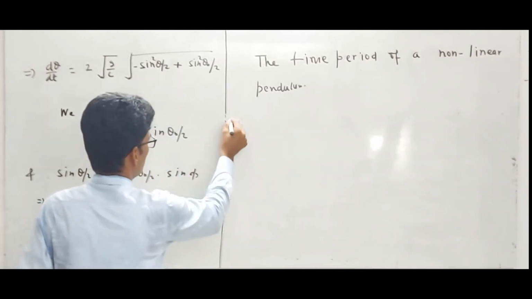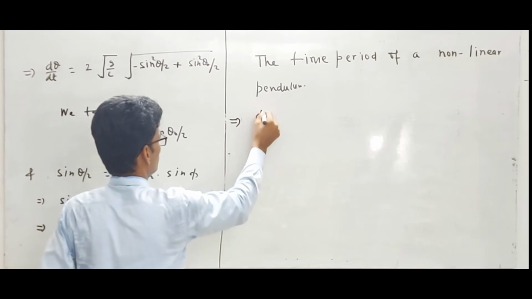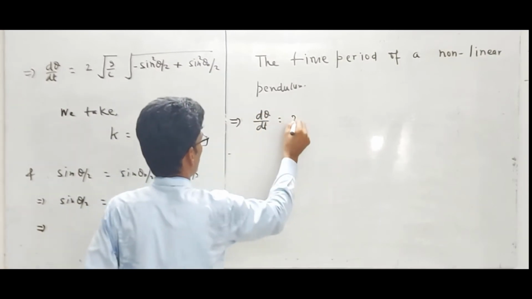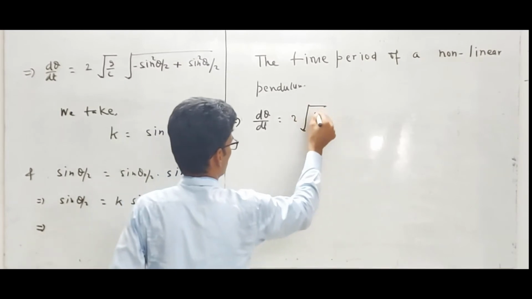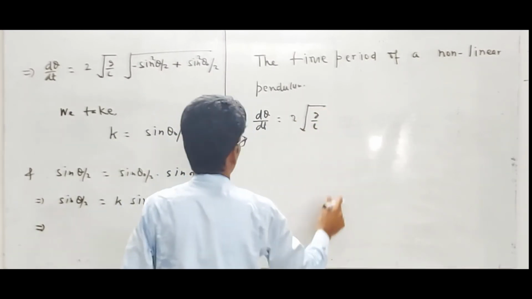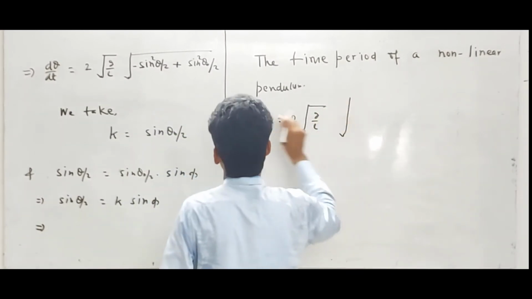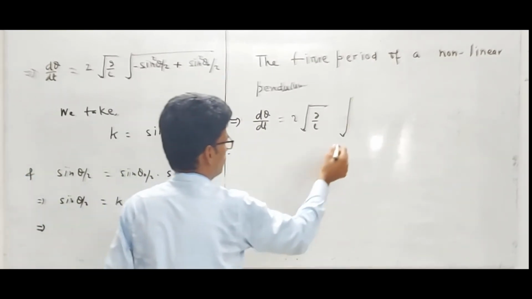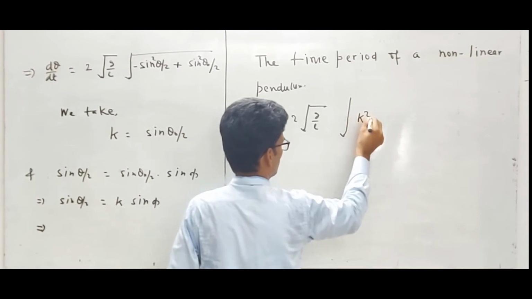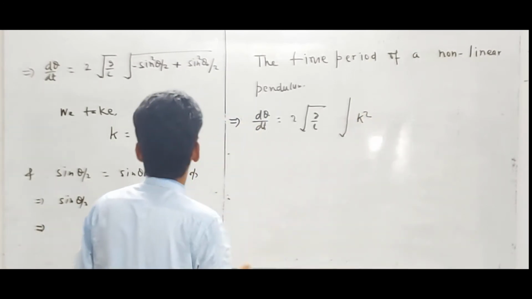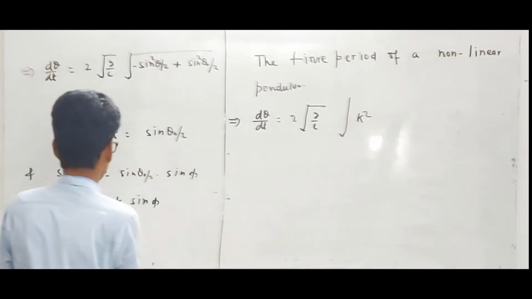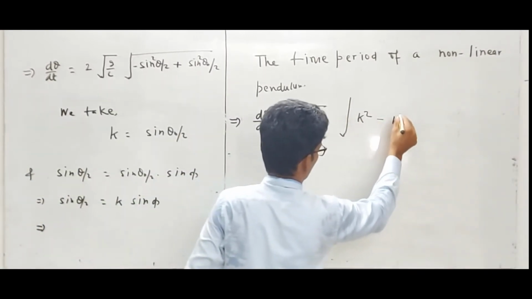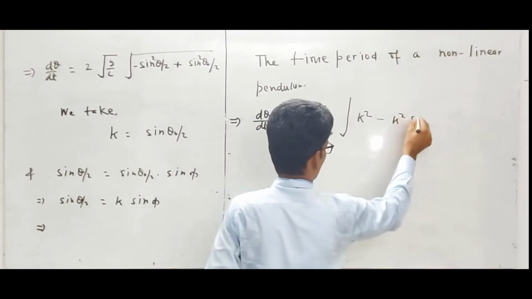So in this way, this implies d theta by dt is equal to twice under root g by L. Now here sin theta naught by 2 is taken as k, so this becomes k square, and the sin theta by 2 is taken as k sin phi, so this becomes k square sin square phi.